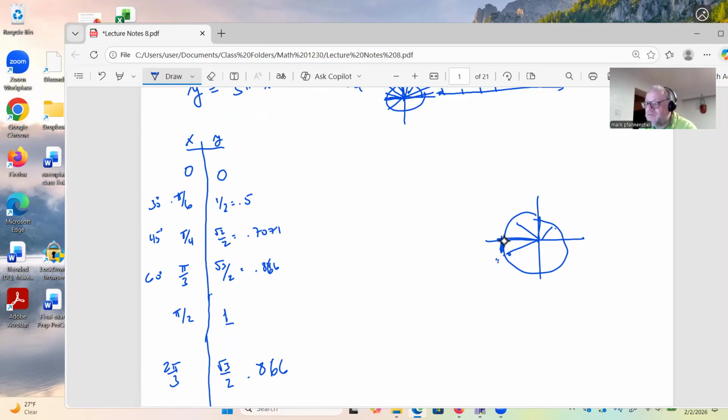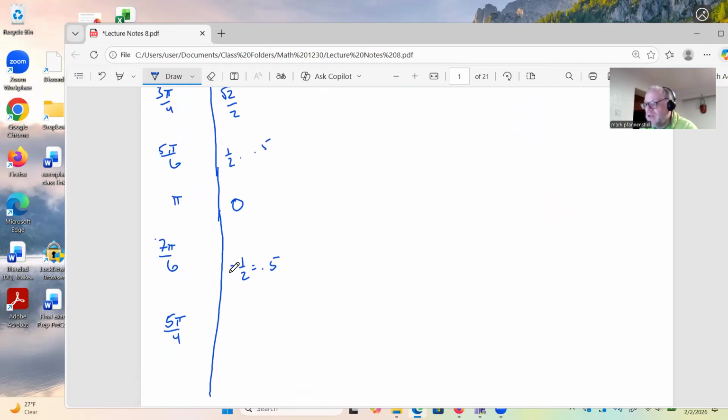I'm just counting in fourths around the circle. Again, we're in the third quadrant. The y value is negative, so we have negative square root of 2 over 2, or negative 0.707. That's how we're going to keep doing this.